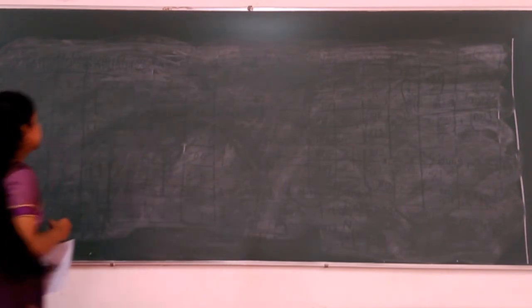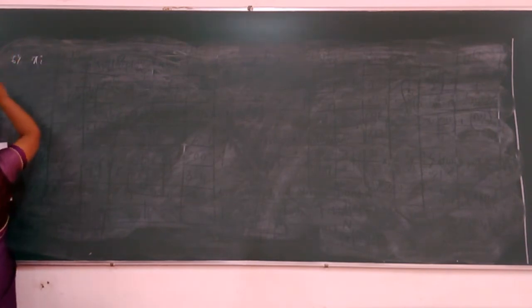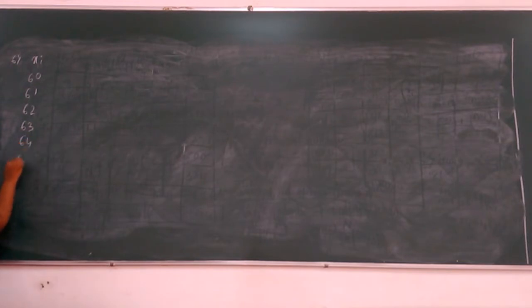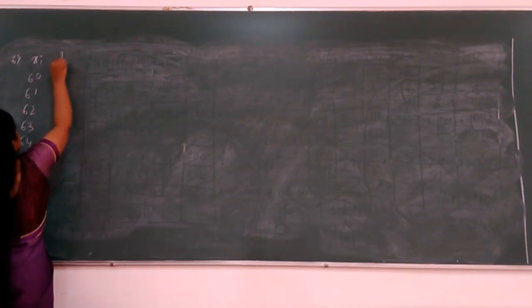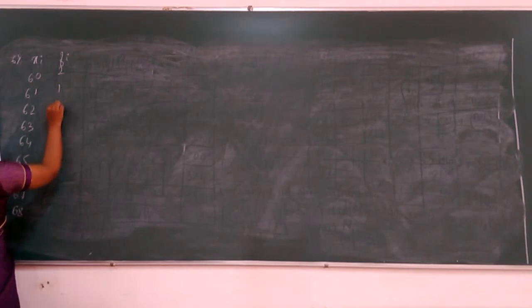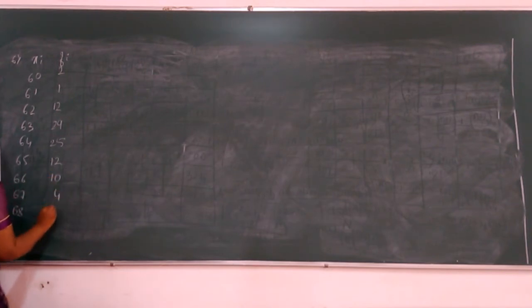Okay. So now let us calculate using the shortcut method. In the sixth problem, the xi's given are 60, 61, 62, 63, 64, 65, 66, 67, 68. Next, the frequencies given are 2, 1, 12, 29, 25, 12, 10, 4, 5.